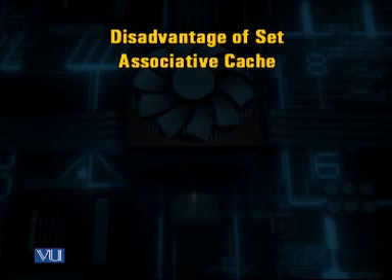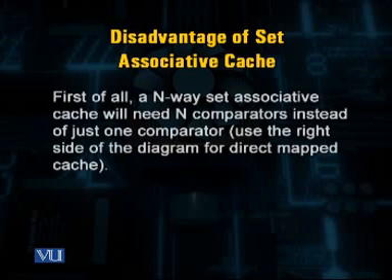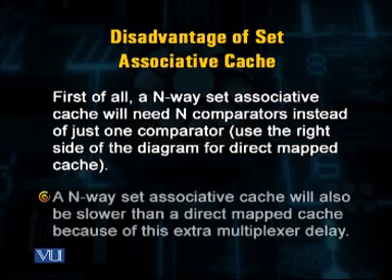Let us see what are those disadvantages of the set associative cache. The demerits or disadvantages of set associative cache are that an n-way set associative cache will need n comparators instead of just one comparator as it is used in the case of direct mapped cache.